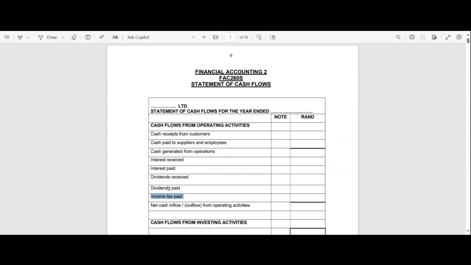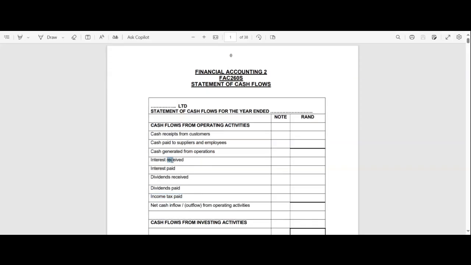Dividends declared is a distribution of your retained earnings, which you find in your statement of changes in equity. And your income tax expense, as you can expect, is on the face of your statement of comprehensive income as a separately disclosable item. So the incomes and the expenses we can find somewhere in the financial statements. But that is not the same as what we have here.